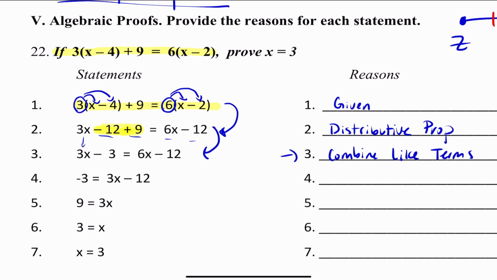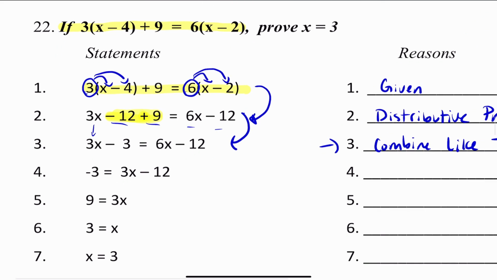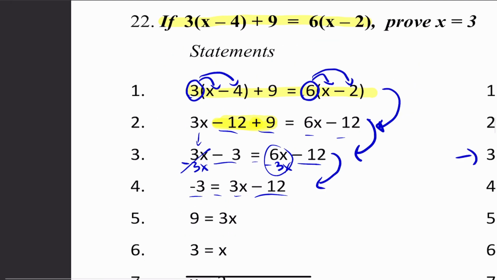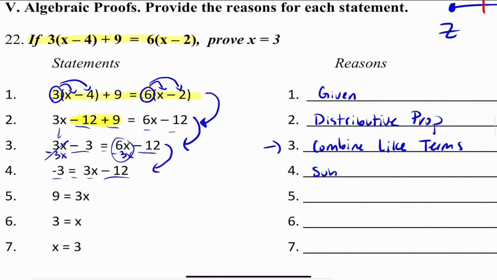Okay, now I am going from here to here, and minus the 3x on both sides, and I'm left with negative 3 is equal to, well, 6x minus 3x is 3x minus the 12. So it looks like I'm using the subtraction property of equality.